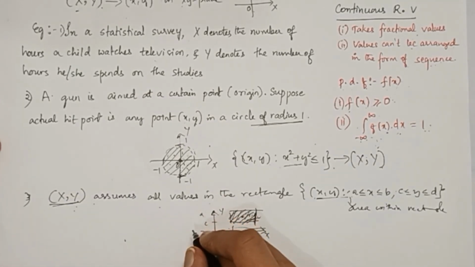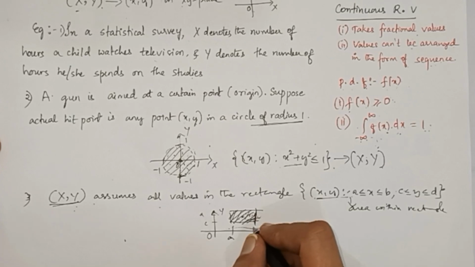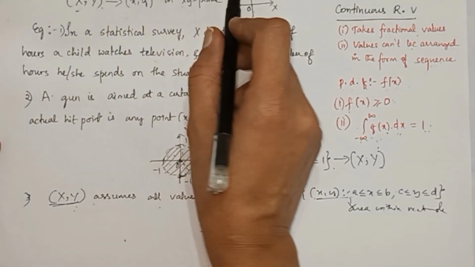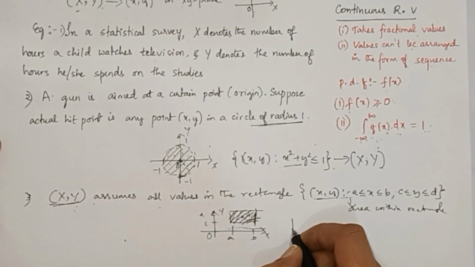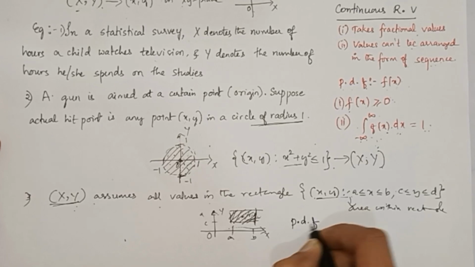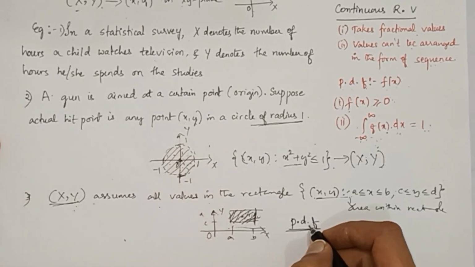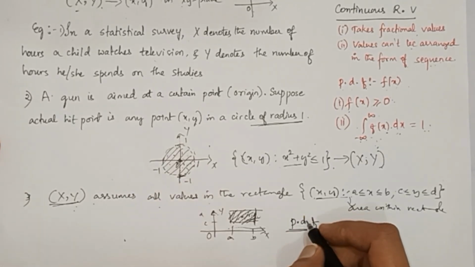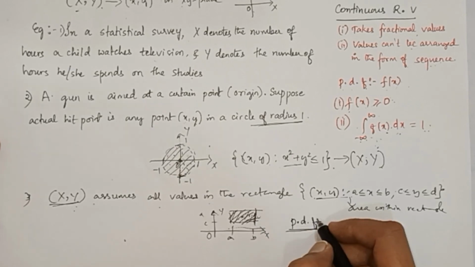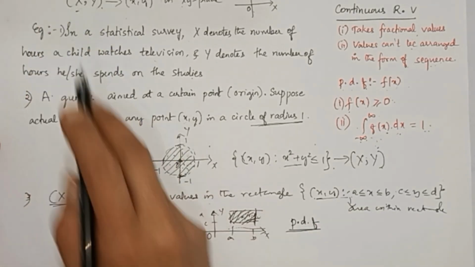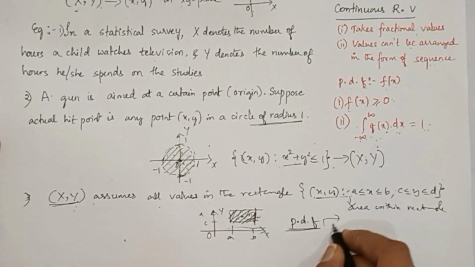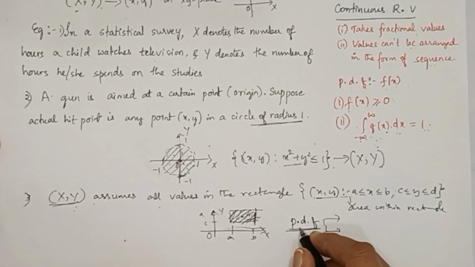Now, if you want to calculate the probability distribution of a bivariate continuous random variable, then for a continuous random variable, probability is calculated using the probability density function. In the case of bivariate variables, you have three kinds of density functions.